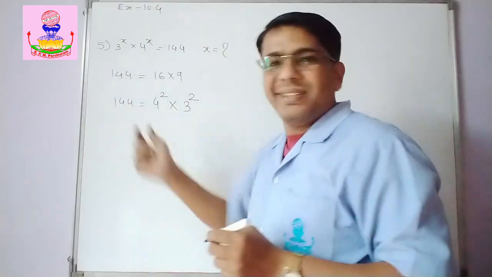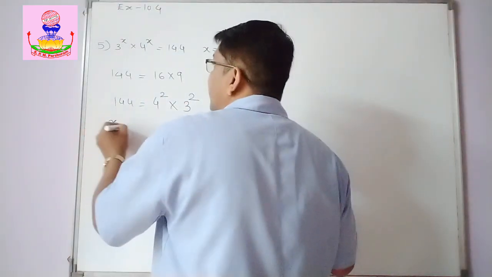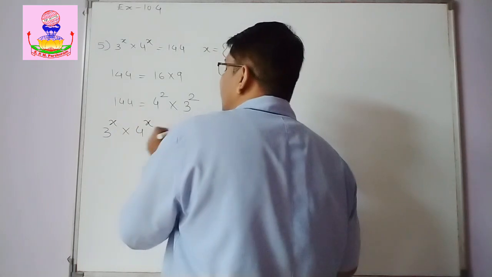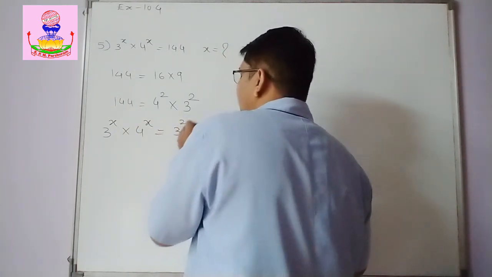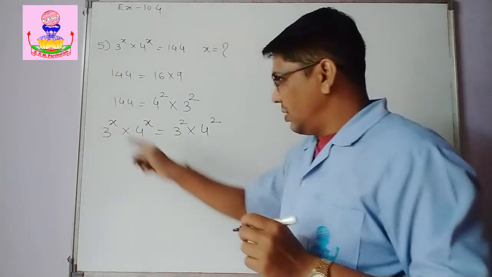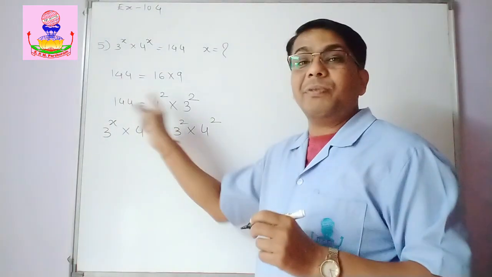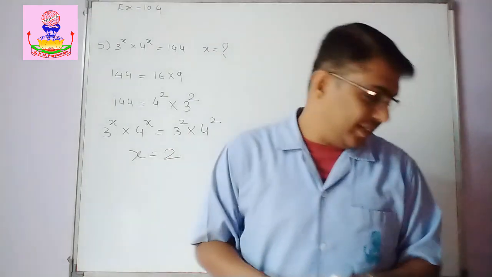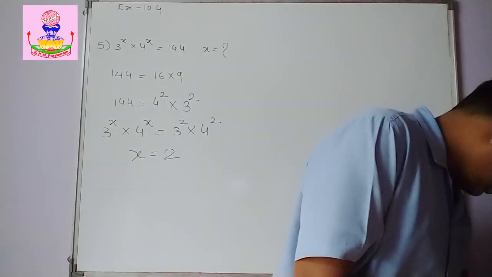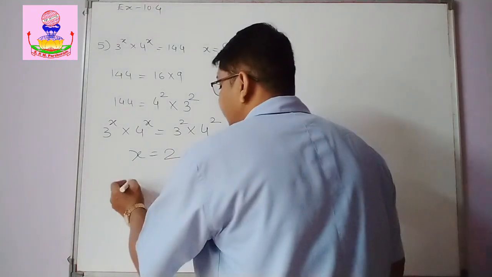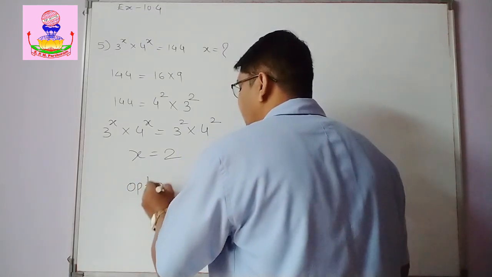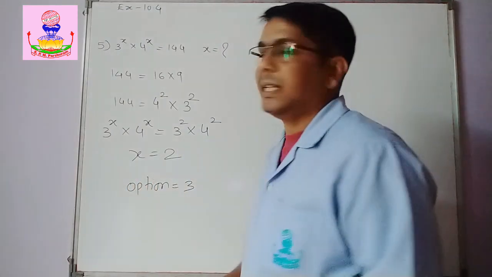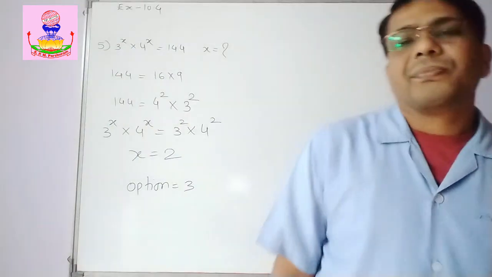So 3 raised to x into 4 raised to x is equal to 3 raised to 2 into 4 raised to 2. Now bases are same, value of x is 2. That is the answer. So option number 3, that is the correct answer.